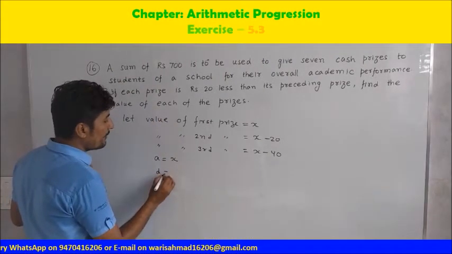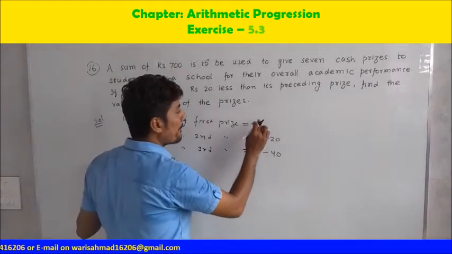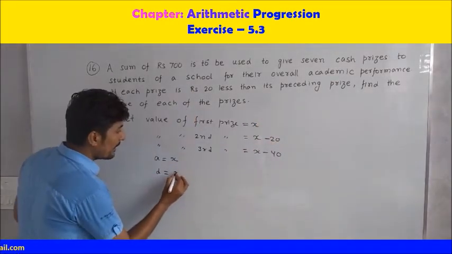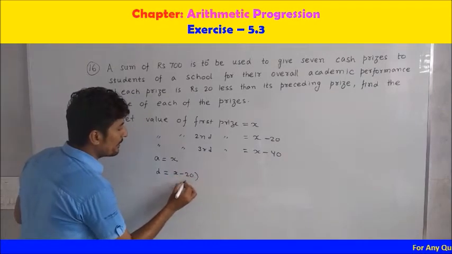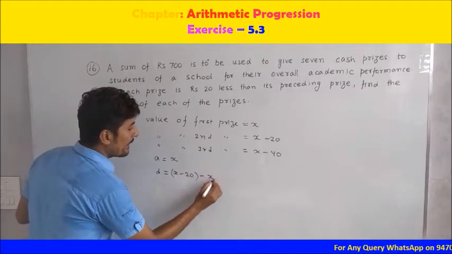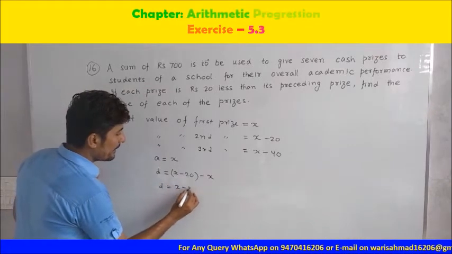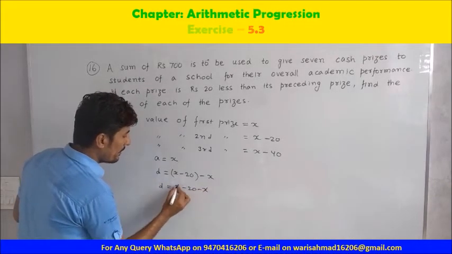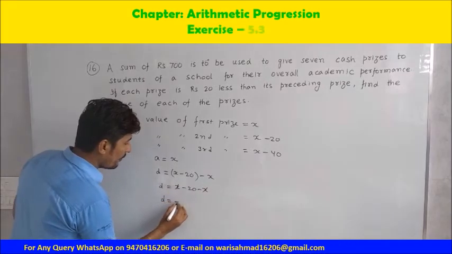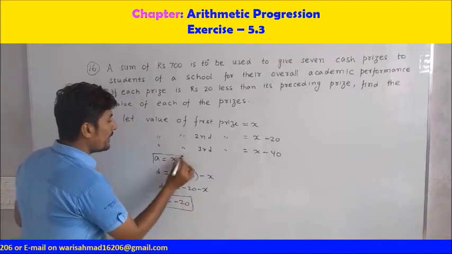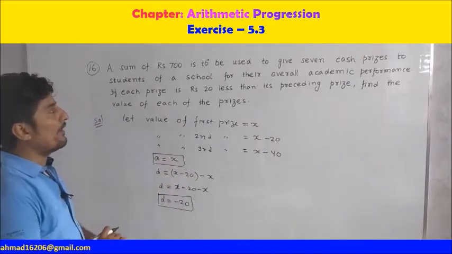So value of D will be equal to, we have to subtract X from this one, X minus 20 minus X. So we can write here D is equal to X minus 20 minus X, and finally we can write here the value of D is equal to minus 20. Value of A and value of D both we are having.